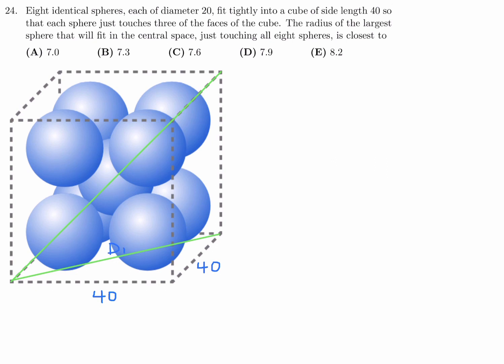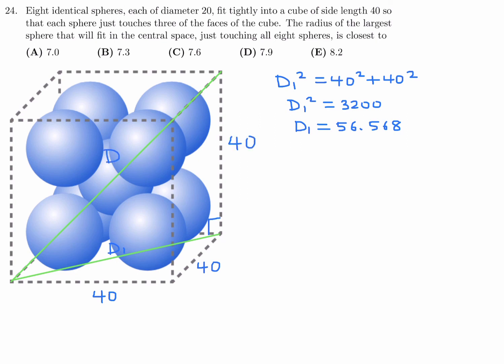Doesn't really matter what you call it, but D1 squared is 40 squared plus 40 squared. And therefore D1 squared is equal to 3200, and if you take the square root, D1 is equal to approximately 56.568. Now I can take D1 and, considering that's a right angle, and this side 40, figure out D2, which is the big diagonal that I'm most interested in.